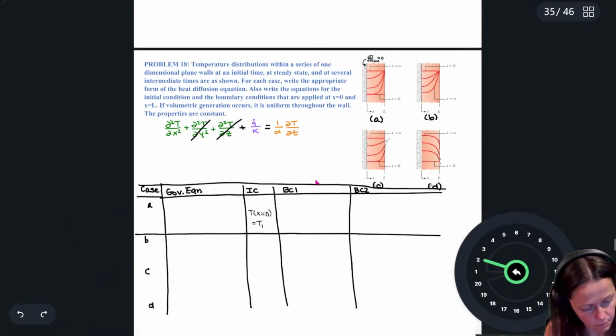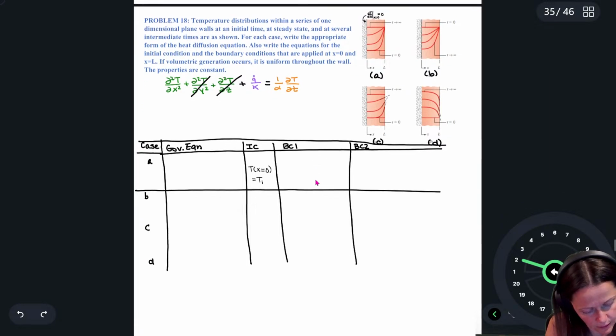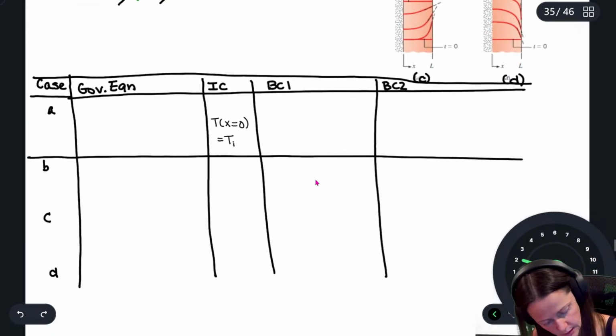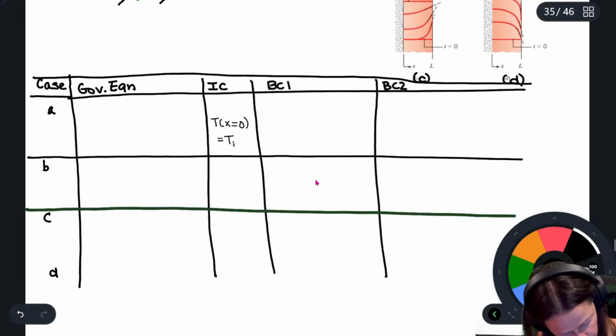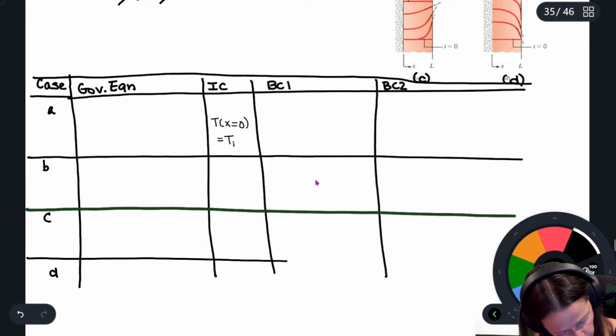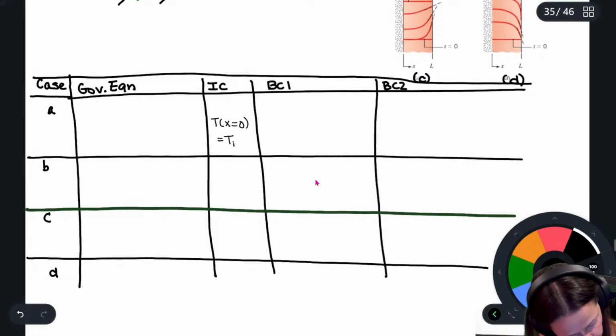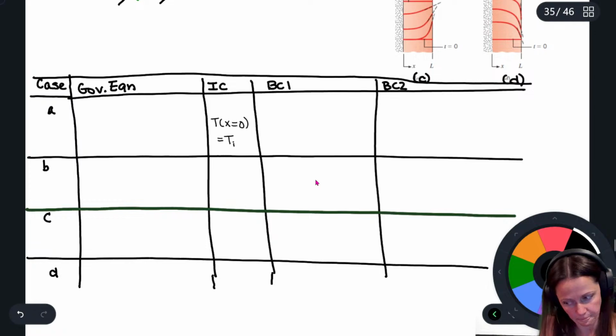So I'm going to put that in here. So for A, for B, it's a green line. Sorry about that.